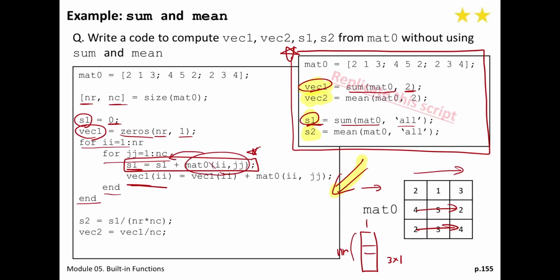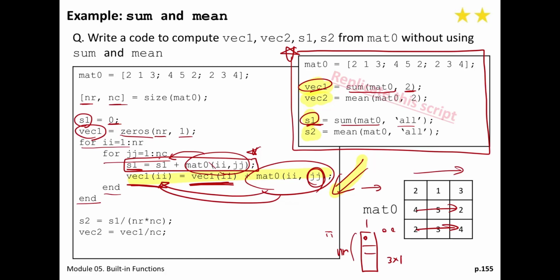And for vector 1, we are adding this value to the corresponding location, because ii is indicating the row and jj is indicating the column. So basically we are adding all the values in the same row into vector 1.